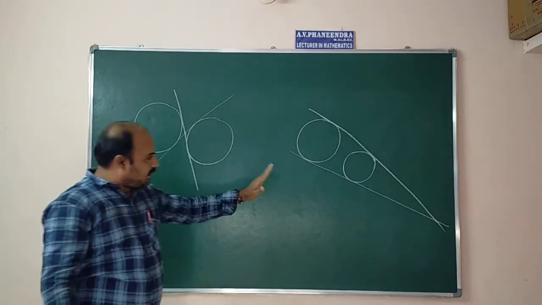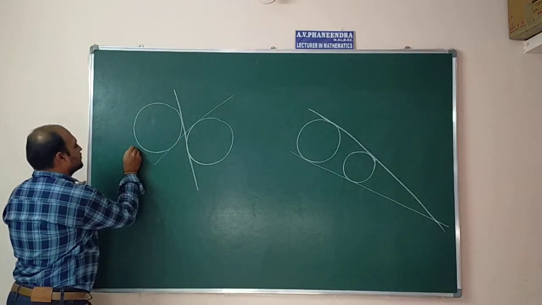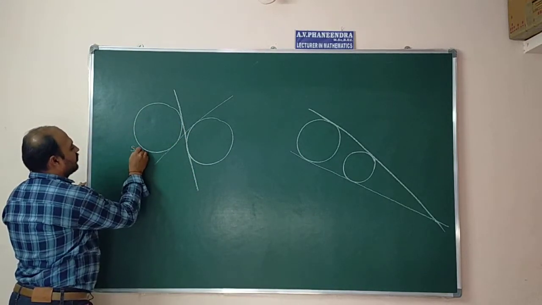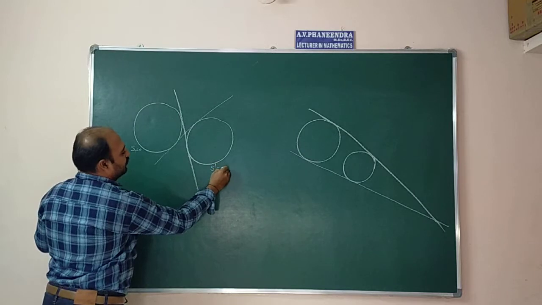Observe these two diagrams with the circles S equal to 0 and S dash equal to 0.